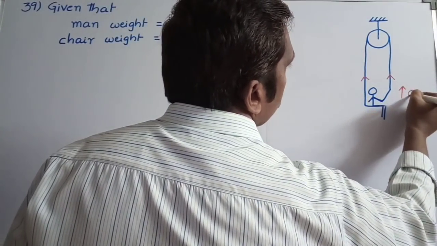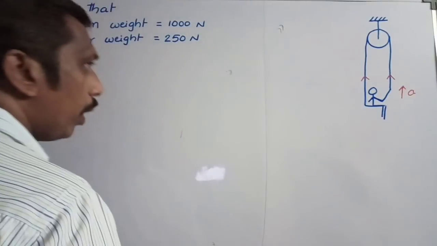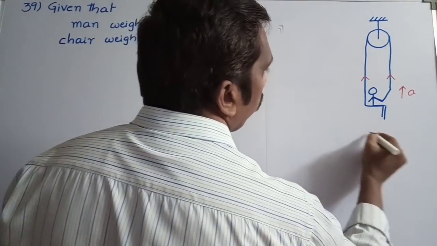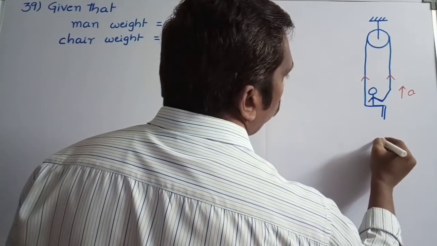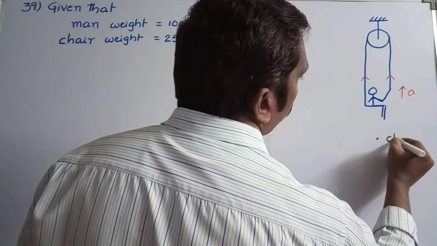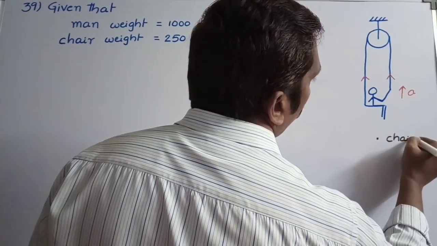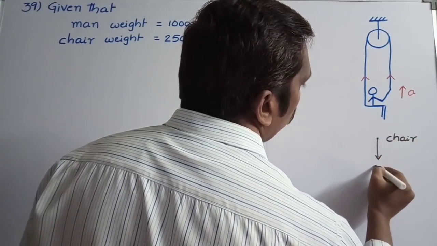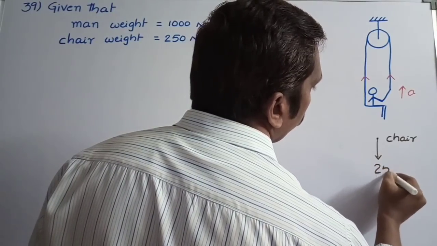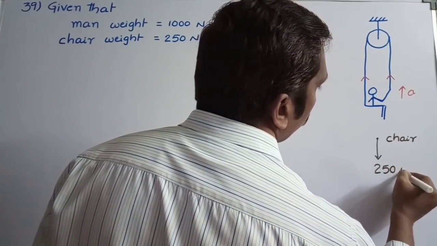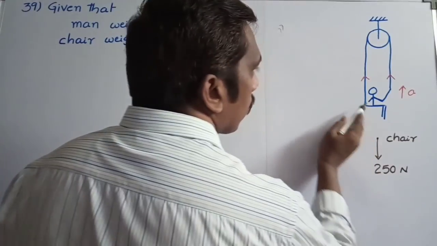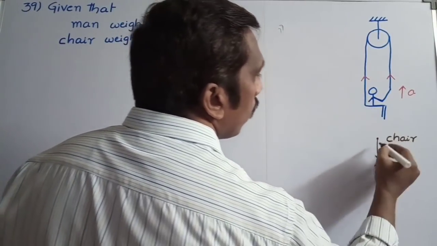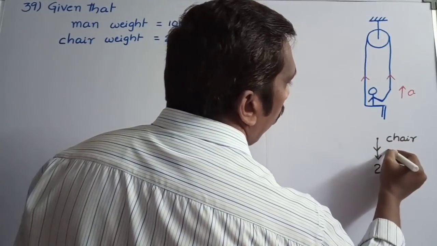To calculate the acceleration, first we draw the free body diagram. I am taking the chair. On the chair, what are the forces acting? The weight of the chair, 250 Newton, is acting downward. Next, the man exerts 450 Newton force on the chair, which is also acting downward.